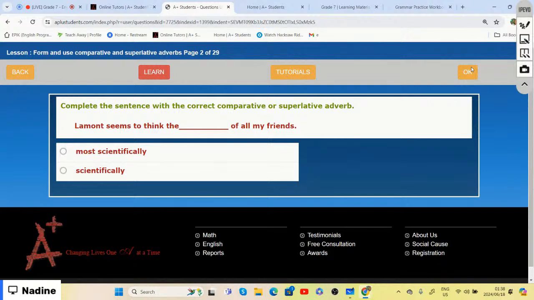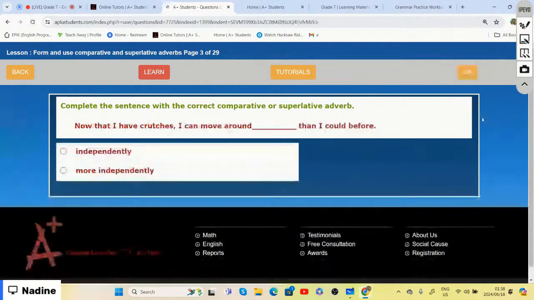And if we were to identify the correct one, remember we said that we have adverbs with one syllable or more than one syllable. And if there's more than one syllable, we either add more or most, right? So we'll say it is most scientifically of all my friends.